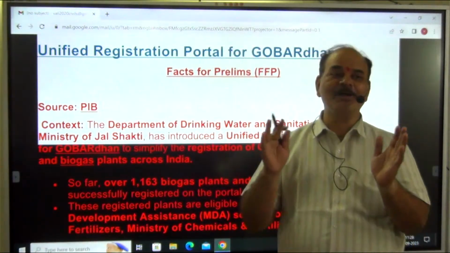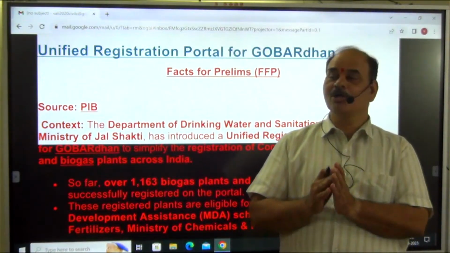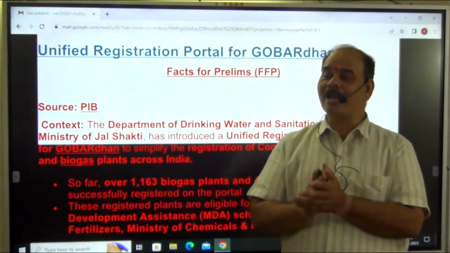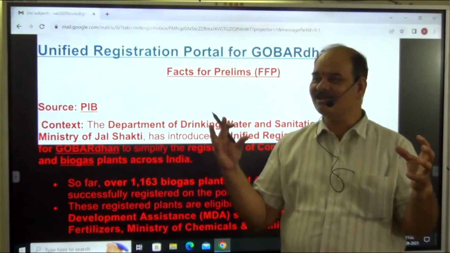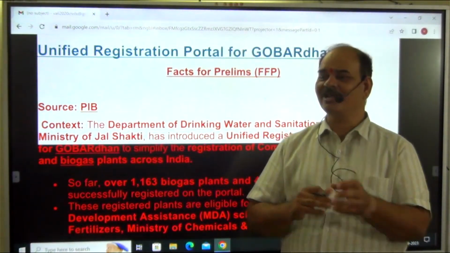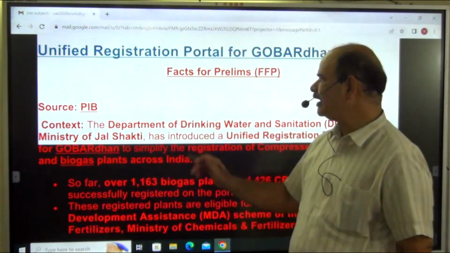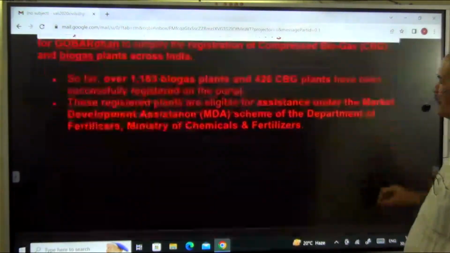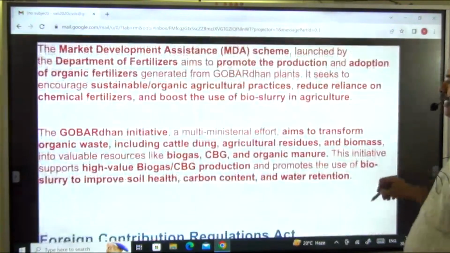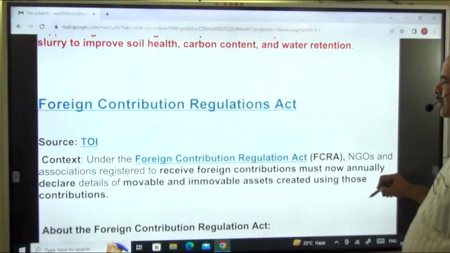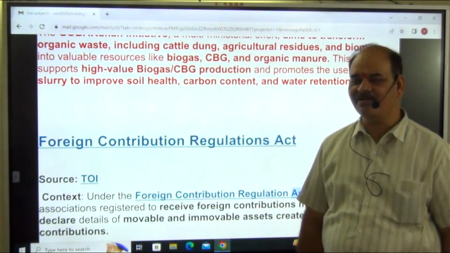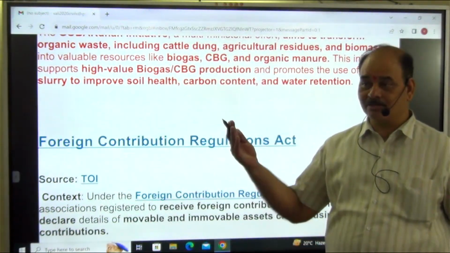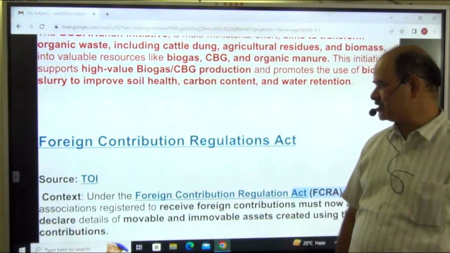So the government is maintaining the portal to assess where the manure is available, who is the purchaser, who wants it. It is a facilitation for the seller and the buyer. That is the meaning of the unified registration portal for Govardhan. It is a step taken by the government to encourage organic farming, and the gas can be used for many other purposes.